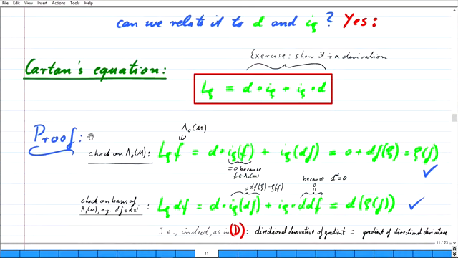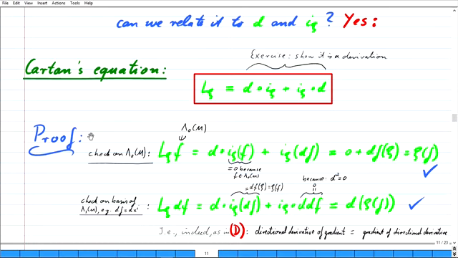Now, I leave it to you to prove that the Lie derivative defined in this way is really a derivation of degree 0, a derivation of the Grassmann algebra of differential forms. Once you know that it really is a derivation of degree 0, then in order to prove that this definition agrees with what we did previously, we only have to show that they agree on 0 forms and on 1 forms.